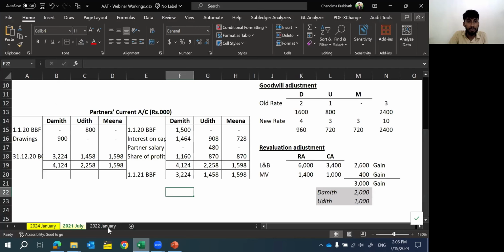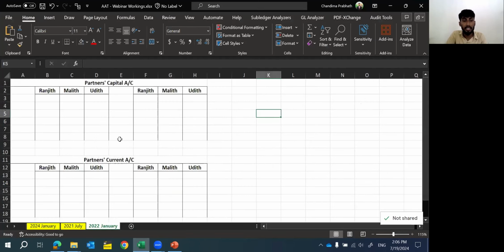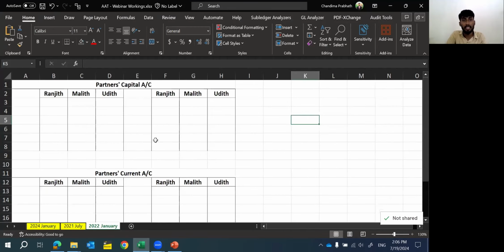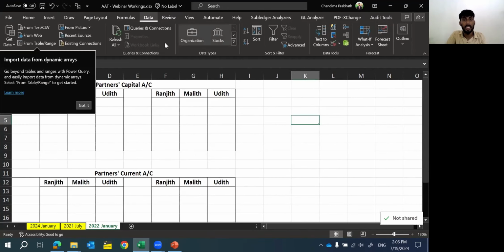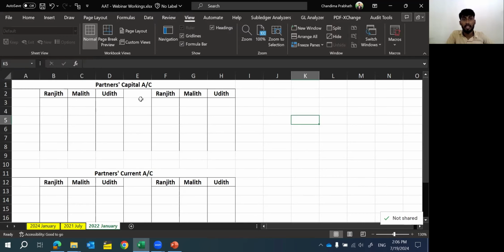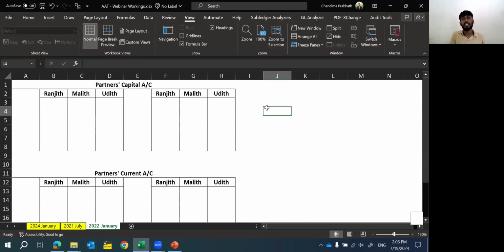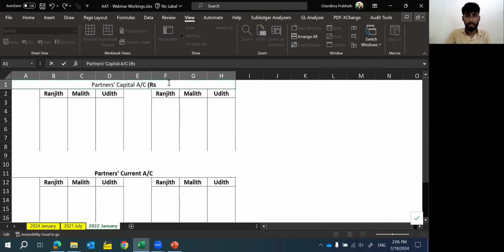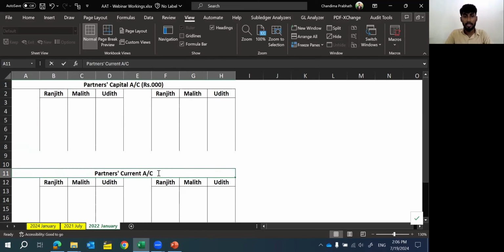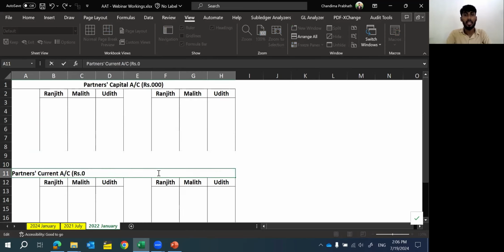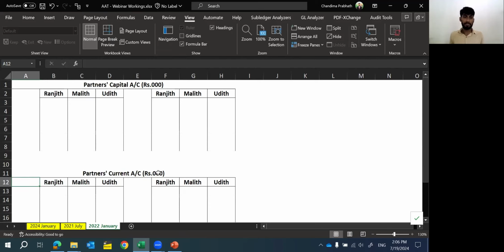I am preparing the partners' capital account and the partners' current account for the year ended 31st December. Here also let's do this question in rupees thousands. Super. Now let's read the question one by one.